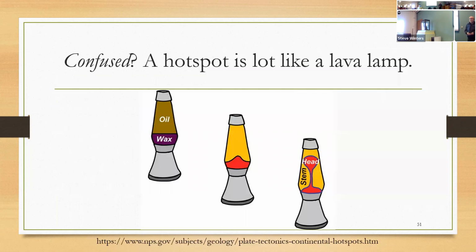It's like a lava lamp. These plumes are like lava lamps. You got wax and oil. You heat the whole contraption down here, and then the wax begins to rise, which is less dense than oil, and you get a head, you get a kind of a neck. Believe it or not, this is the way geologists model these things, like lava lamps.